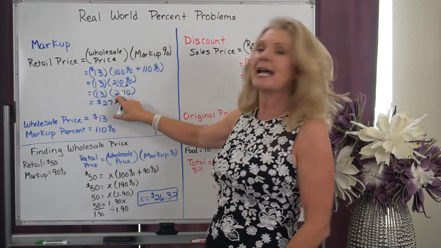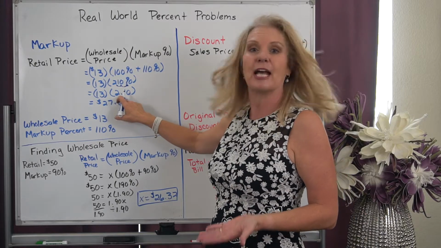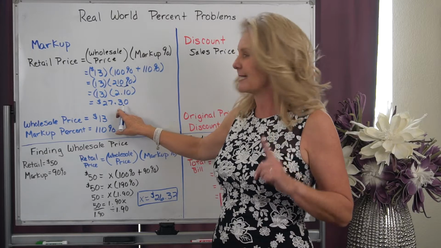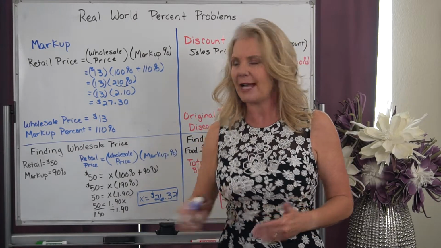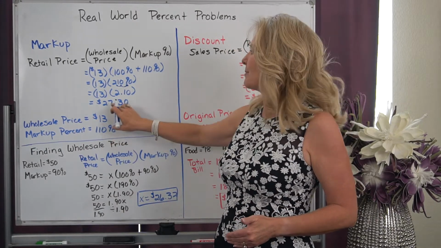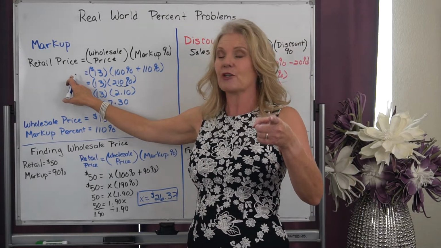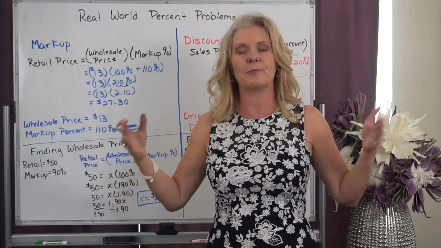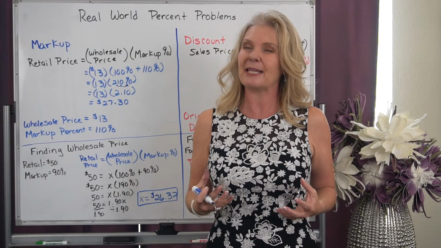So 13 times 2.10 is $27.30. That means I bought it from the manufacturer at $13. I'm going to sell it to you for $27.30. That's going to cover my costs of doing business, plus it's going to make me a little bit of profit for myself.